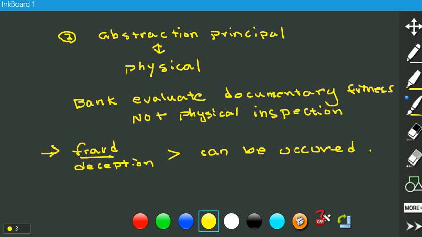Do you understand these concepts, the abstractions? What is the meaning of the abstractions? The abstraction means unseen, right? Just unseen, which is not physical, which is not tangible. Not seen. So, just by evaluation of documentary, the banker pays the beneficiary for the product, right?